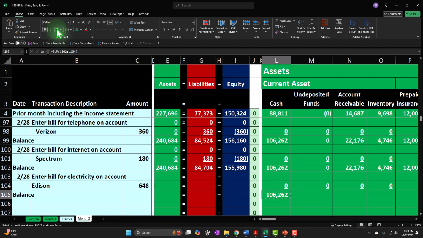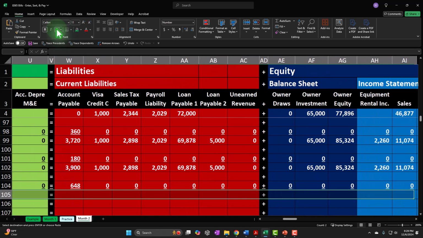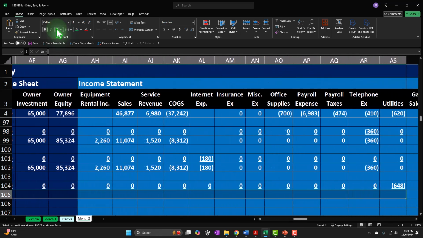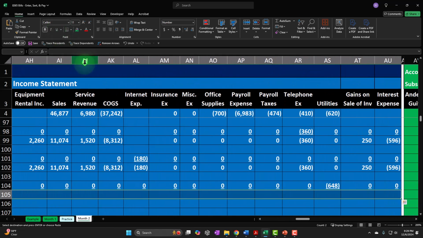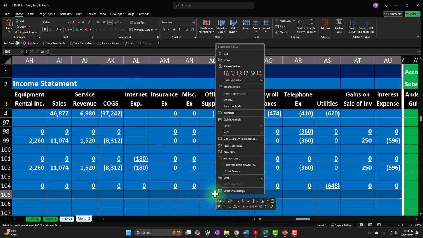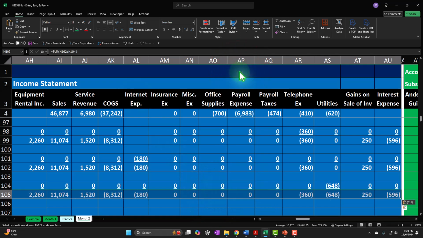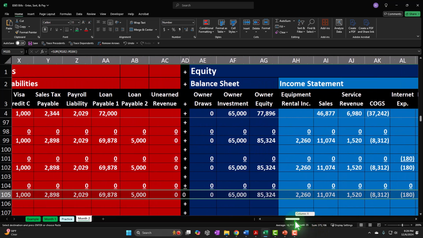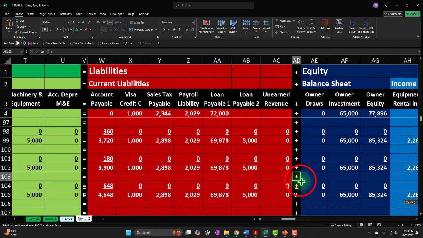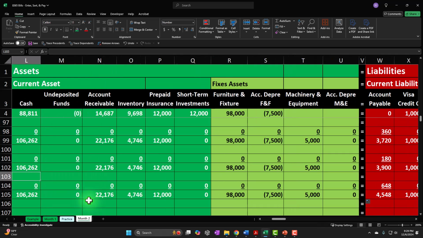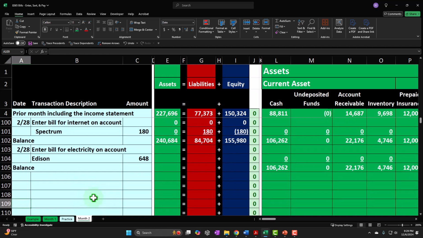Control C, copy, right arrow, holding down shift to select the whole thing at the same time. And then I'm going to right click on the selected area, paste it with just the formulas, and then we'll do a little cleanup on our symbols, pulling down the symbol here and here to clean it up for formatting's sake. All right, let's do the next one.